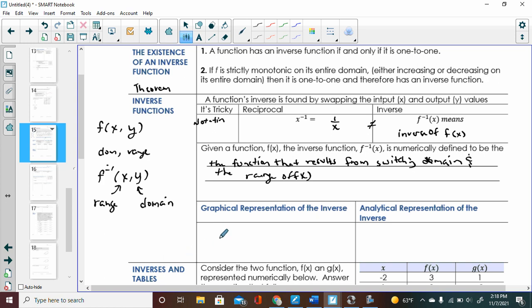Graphically, what we know is that this inverse is a reflection of f of x over the linear equation y equals x.